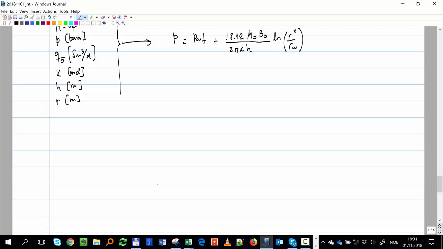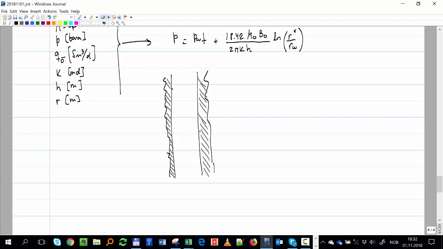If you remember how the well is constructed, you have the hole, right? And then you run a casing, maybe cemented in between. And then you perforate, make some perforations. That's for some types of wells.